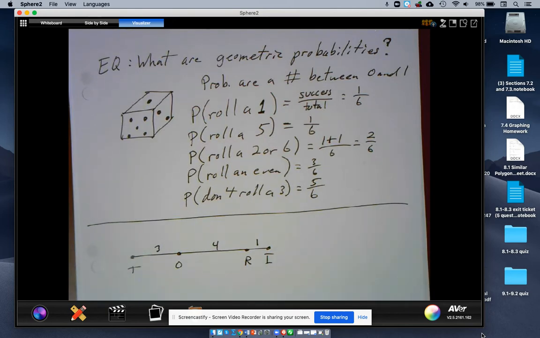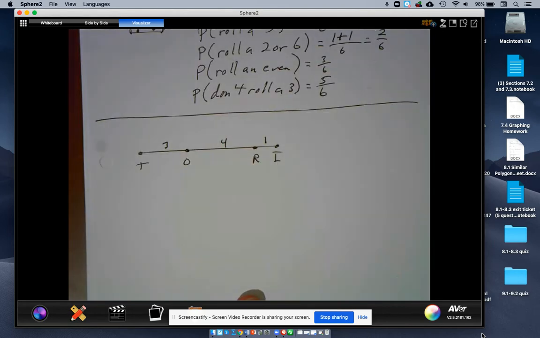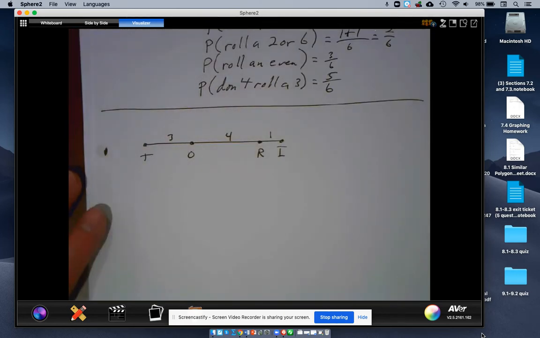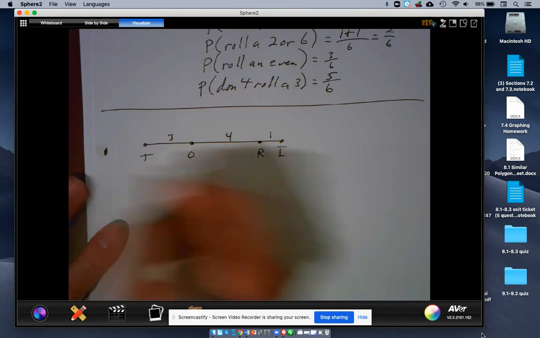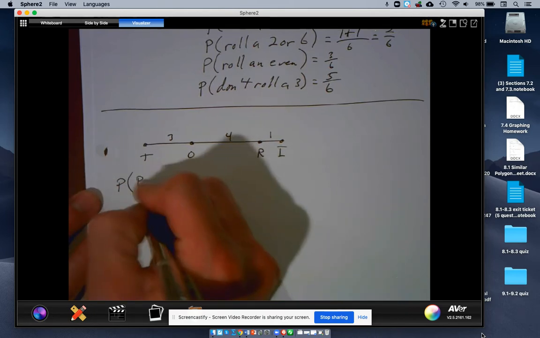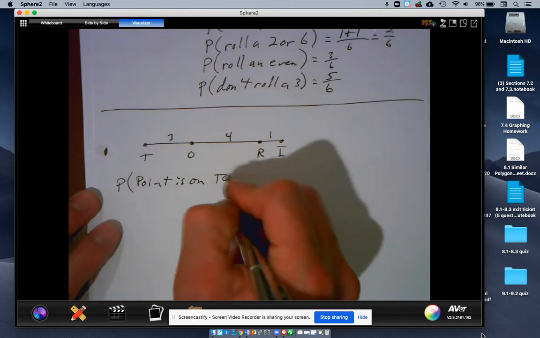I'll start with the die. Now let's turn into geometric probabilities. Okay. Tori is going to join us for this problem. Tori, if you're watching, welcome to your problem. So let's do some probabilities with this. Probability that the point is on TO.